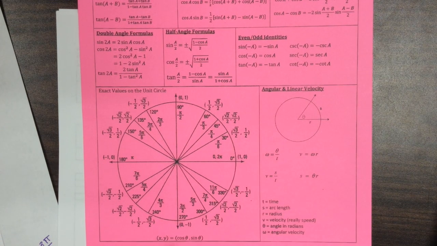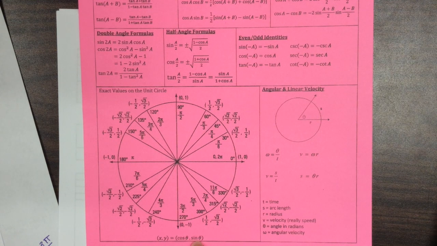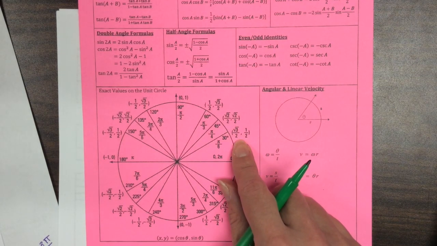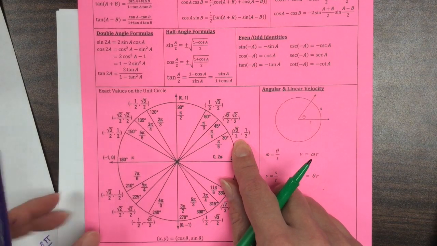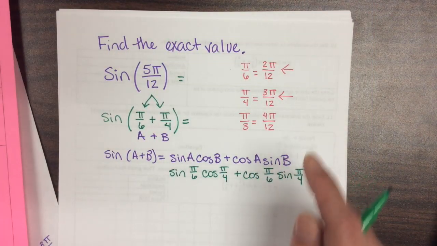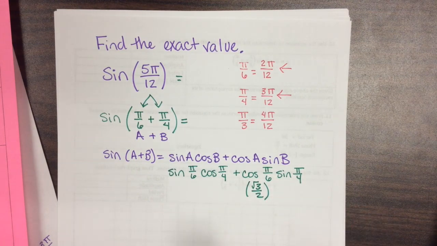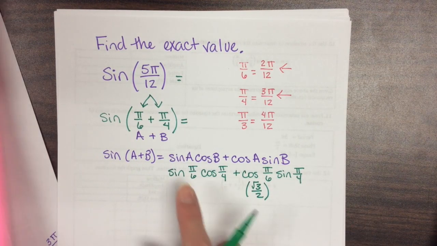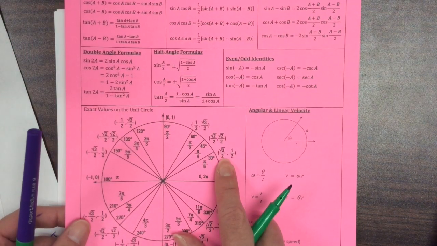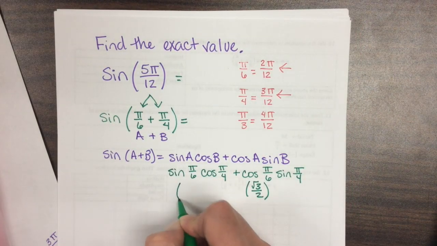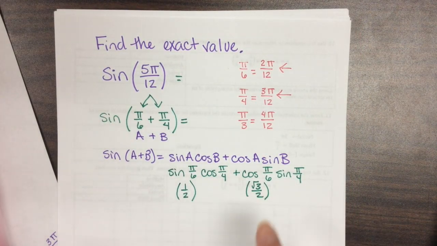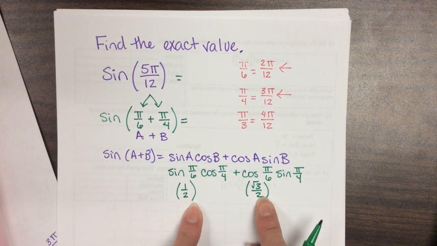And if you remember, the x of the ordered pair is our cosine and the y is our sine. So cosine of pi over 6 right here is square root of 3 over 2. And sine of pi over 6 was, let's make sure we get it right, 1/2.